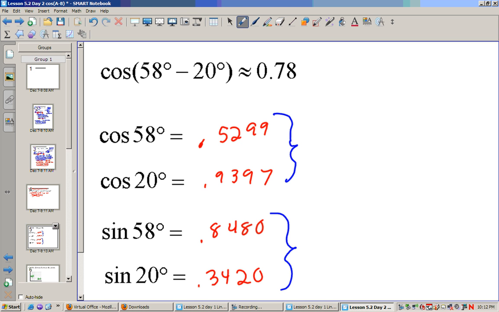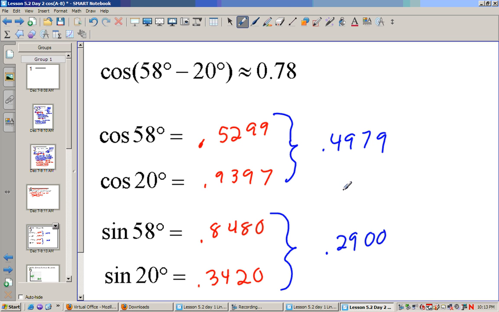So 0.5299 times 0.9397, that equals 0.4979. And over here we have 0.8480 times 0.3420, which is 0.2900. What can we do with these values?